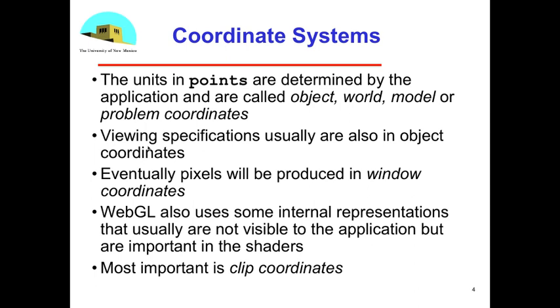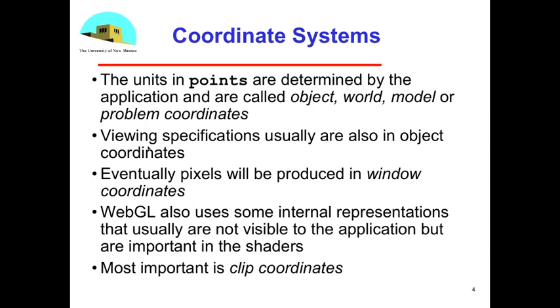There may be a level above that called model coordinates, where if we have some complex objects and we build them up out of parts, and the parts may be in some standardized system, which we'll call model coordinates, then we'll do some sort of transformation to bring them into our model world and into object coordinates. But for now, we can say we specify our objects, the vertices, in object coordinates.